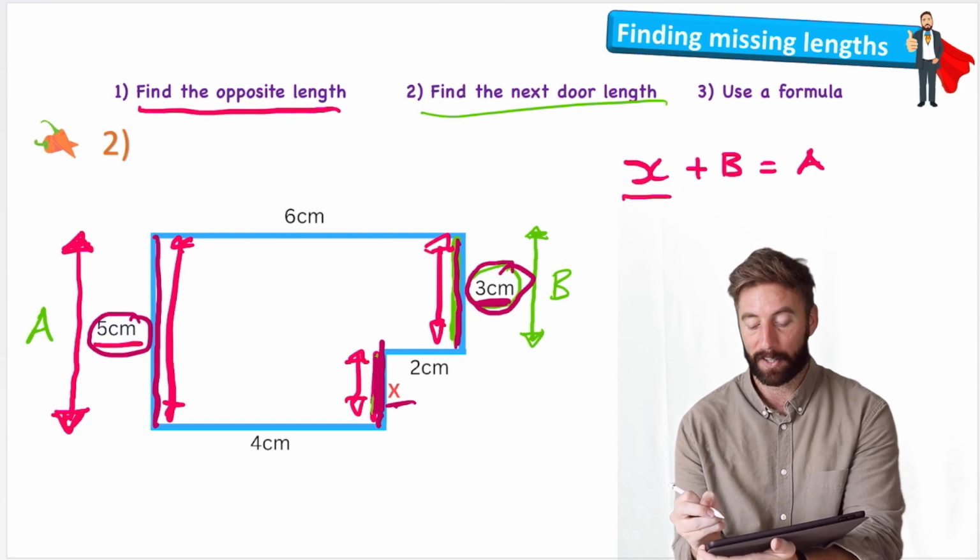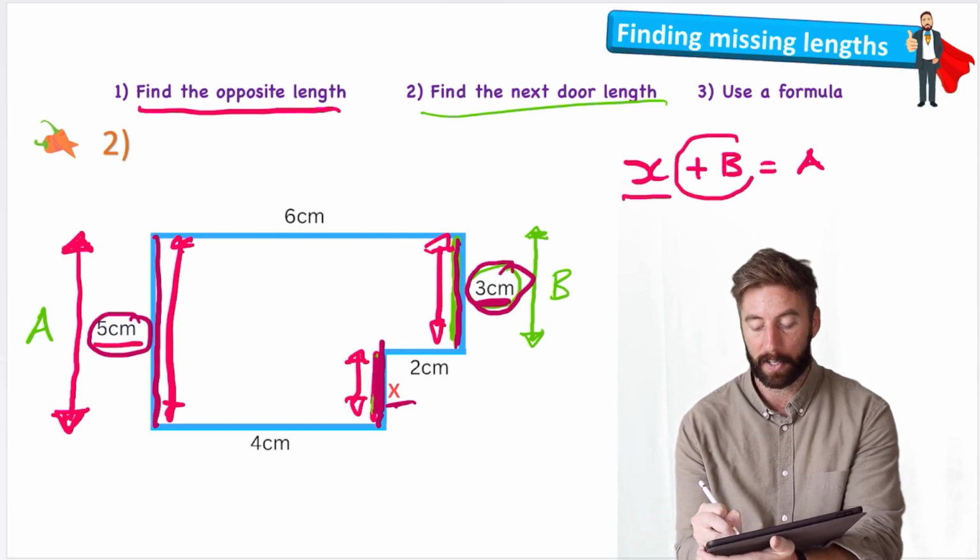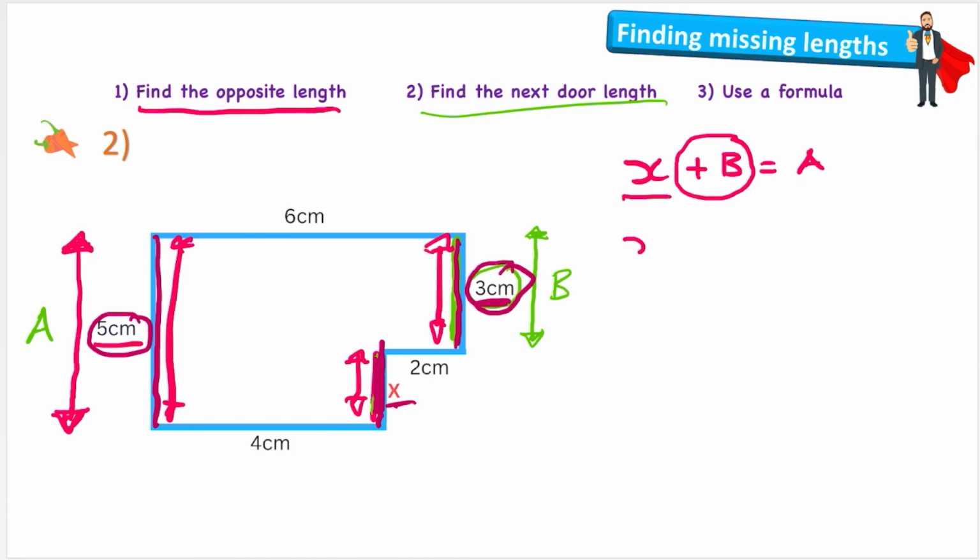So how can I get x on its own? Well, I can inverse my b. So it would be x equals a subtract b. And in this case we know the value of a, so x equals 5 subtract, and we also know the value of b, which is 3. So x is 5 minus 3, therefore x equals 2.